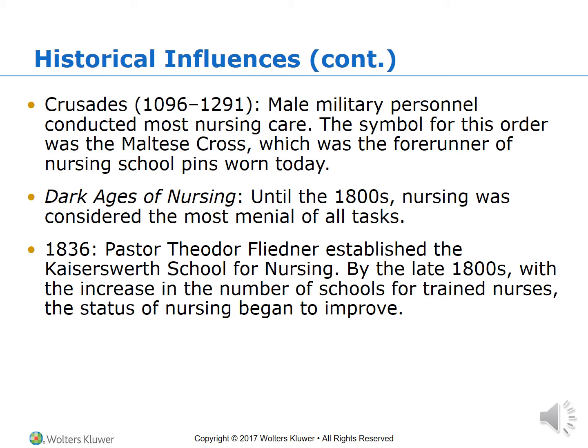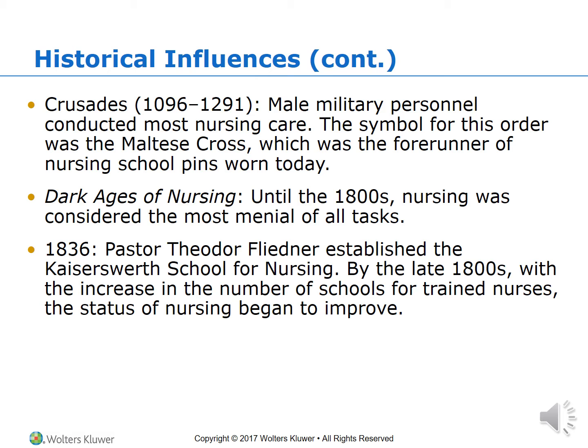The symbol for this order was the Maltese cross, which was a forerunner for nursing school pins that are worn today. In the dark ages of nursing, until the 1800s, nursing was considered the most menial of all tasks. There were a few women who cared for the sick, and most of them were either prisoners or prostitutes.